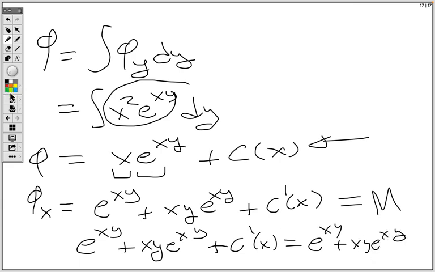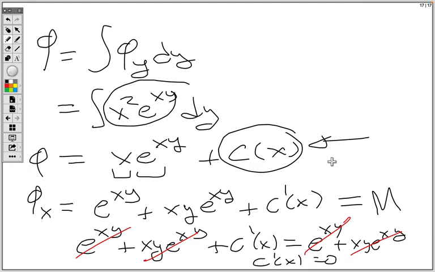And I can see that I've got that term accounted for. So the c prime of x would be 0, which means this constant, which could have had x's in it, really is just a plain old what? Constant. So there is no dependence on x in that.